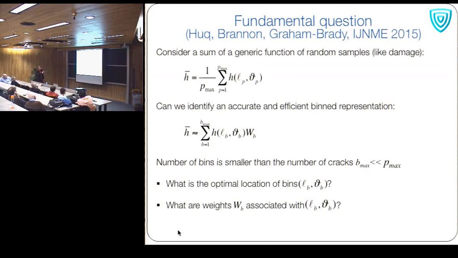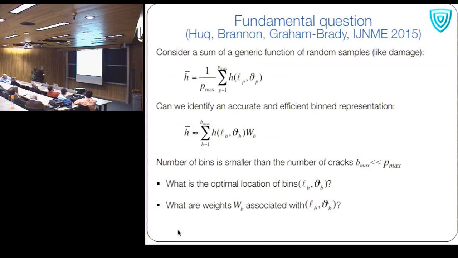So think of any generic function. We call it h bar. That's some sort of average over some evaluations. L_p and theta_p, for example, are just some random variables. So this is a sum of a generic function of random samples. You can think about it as voting numbers or any random sample you like.